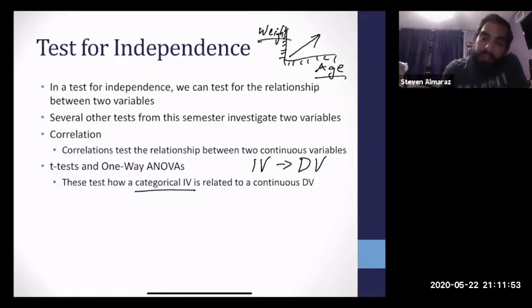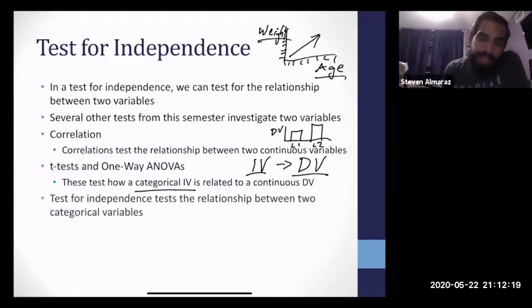Here, we've got two continuous variables for correlation. For t-test and one-way ANOVA, we've got a categorical variable and a continuous variable. And our graphs end up looking something like this, where you're comparing level 1 to level 2 on our DV.